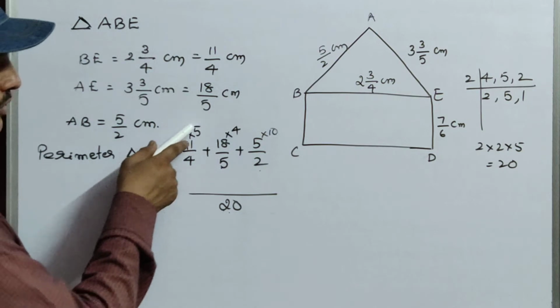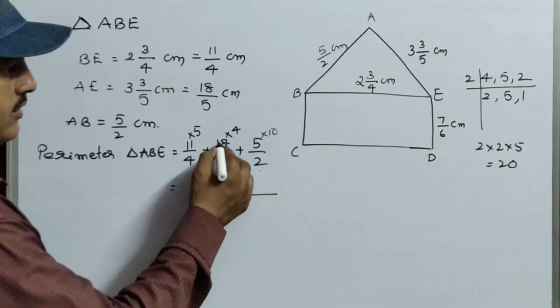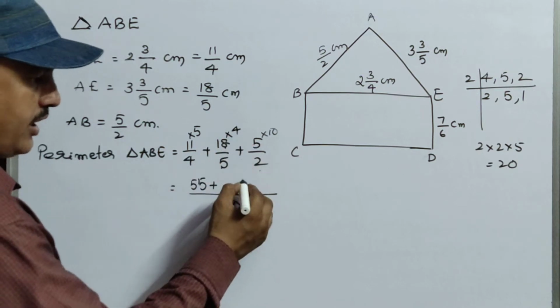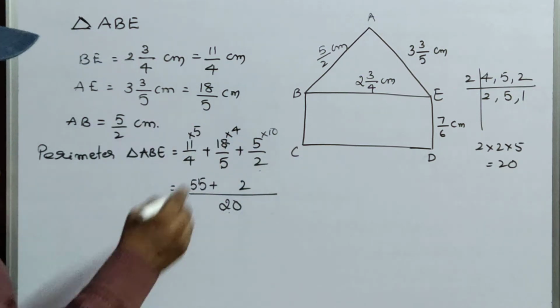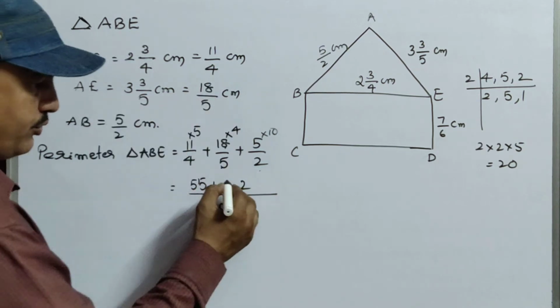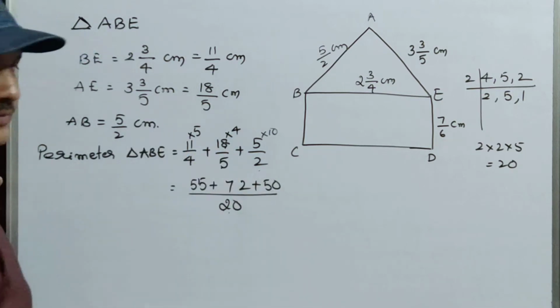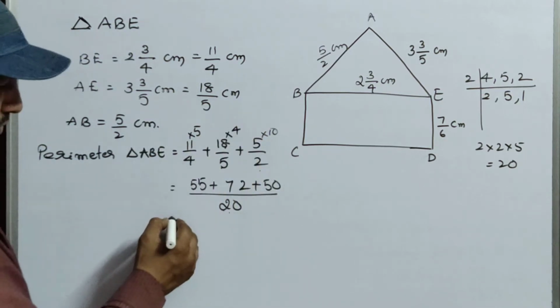So 11 fives are 55, plus 18 fours are 72, plus 5 tens are 50.